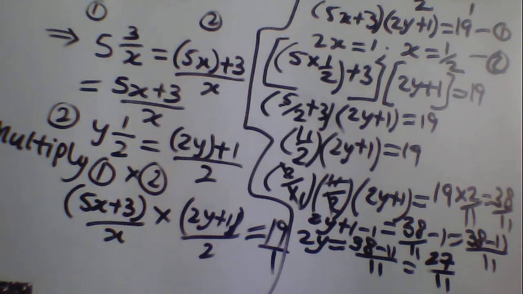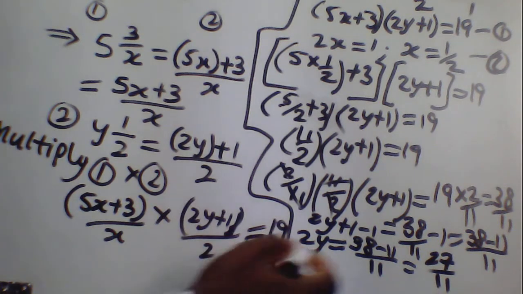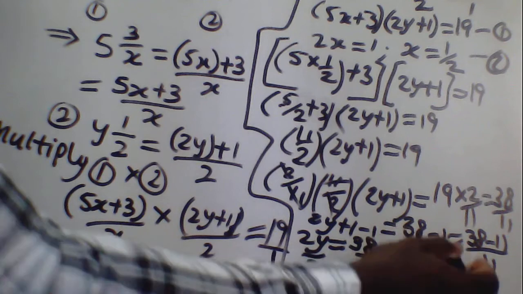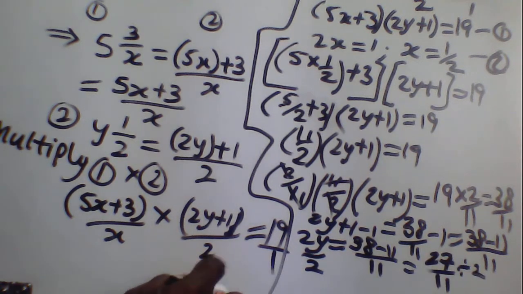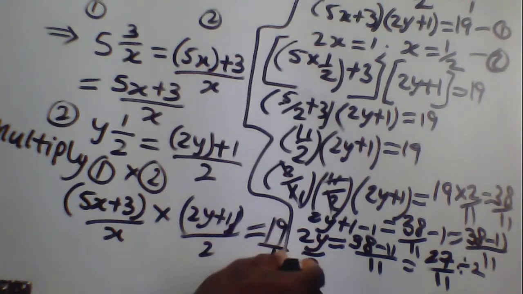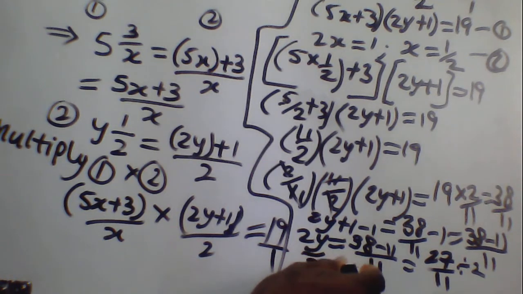Once you arrive at this point, already you have solved it. So divide both sides by 2. From here, y will be equal to 27 over 11 times 1 over 2.